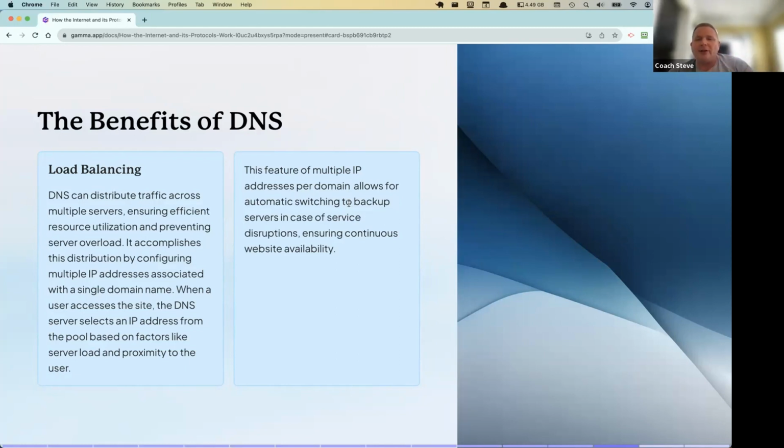But if that one's super busy or down, it'll just reroute that traffic to the second IP address on that list. If that one's down, it'll reroute it to the third one until one of those IP addresses, meaning one of the servers, is actually available to handle the request, right? So that is actually built into the DNS system itself, a little bit of load balancing. Not a whole lot of people use DNS load balancing.